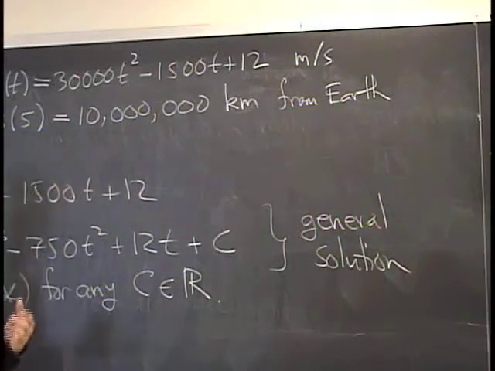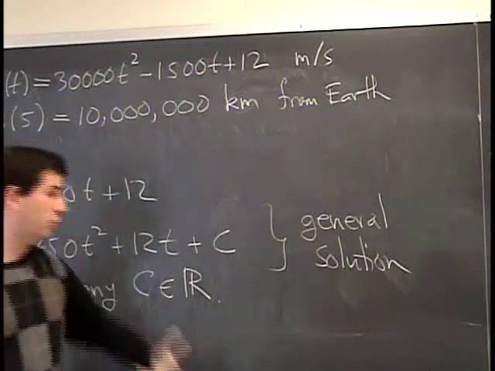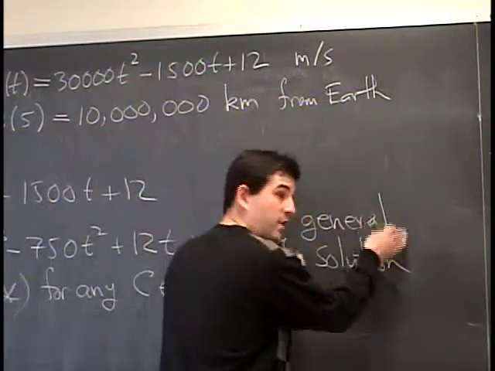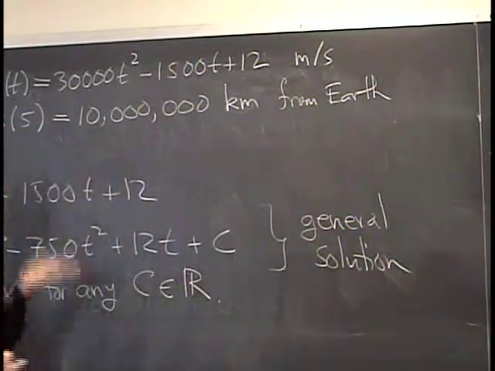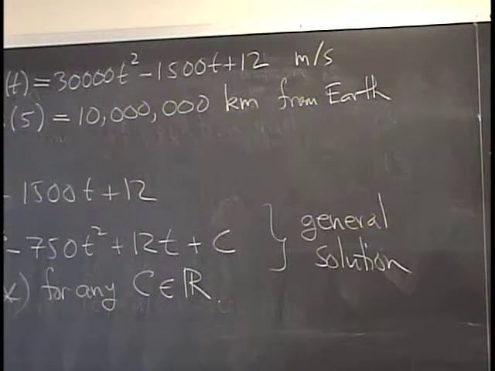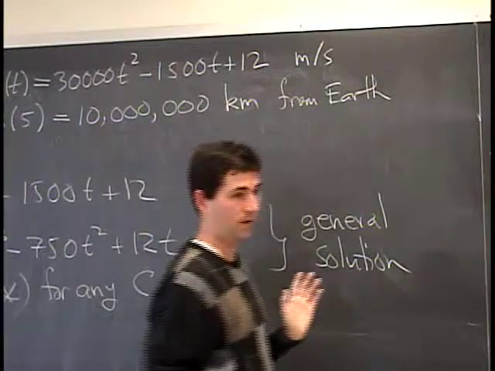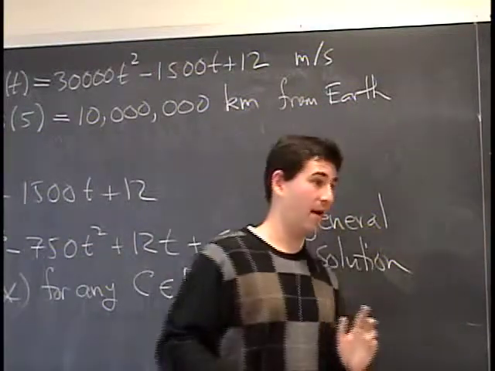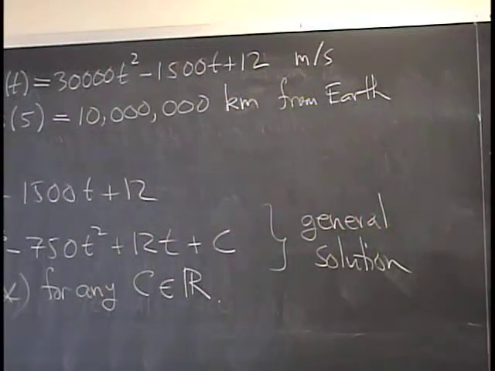Okay? But that's assuming that I have just one general solution. Right? There could be another solution, right? Okay. We're going to show later on, and those of you who took my final last term actually already did, we're going to show that this is the only possible general solution.